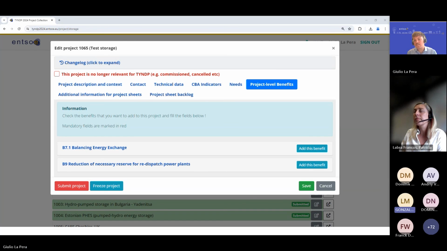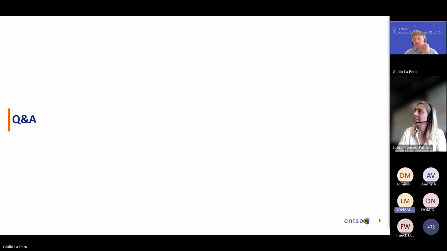Okay, then I understand that the previous information is not valid anymore, and we will have to again simulate the scenarios to calculate the benefits for the projects already included in previous lists. Yes.